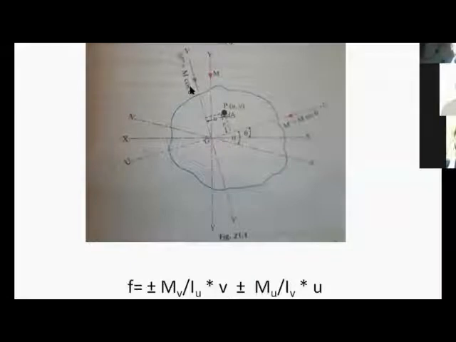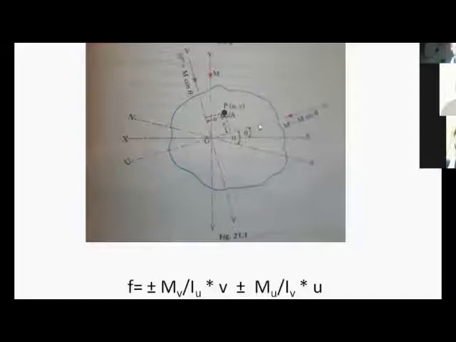So now, if you want to calculate the bending stresses, resolve this into two components. This is theta. So M cos theta will be in the VV plane, which acts about the UU axis. Mv is M cos theta, which acts about the UU axis.